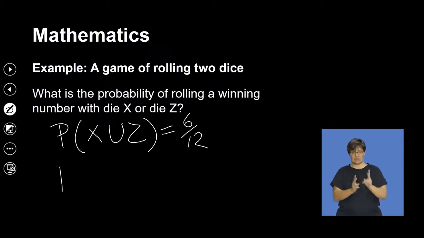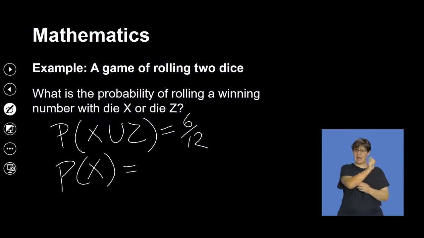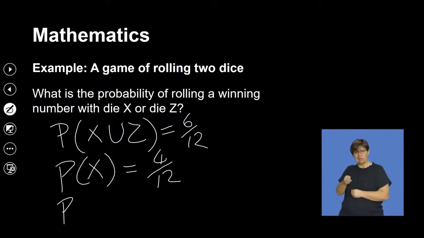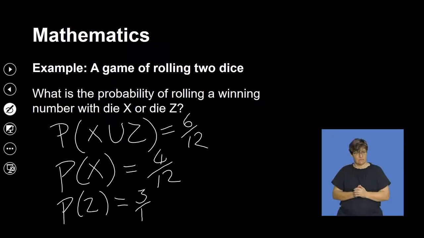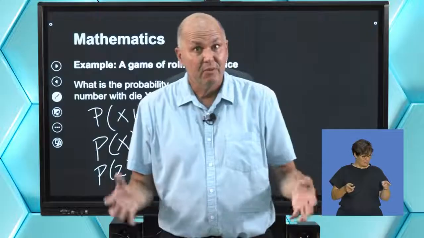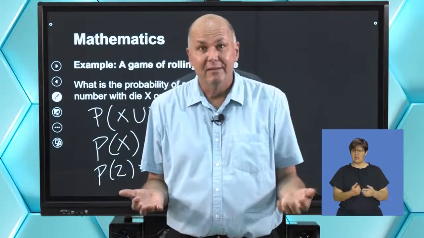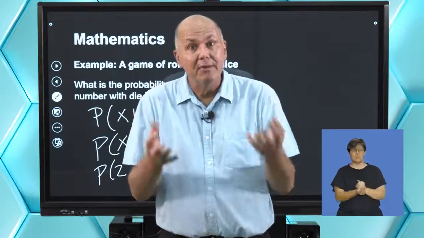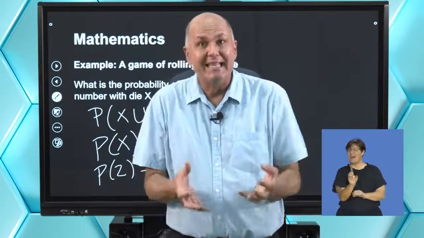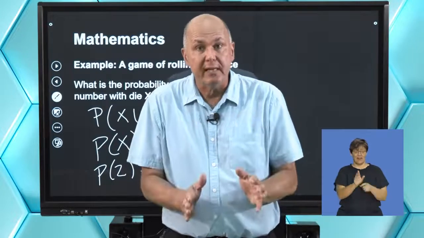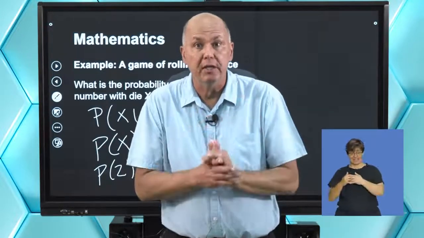But do you remember we calculated earlier that the probability of X was 4 out of 12, and the probability of Z was only 3 out of 12. So guys, that kind of doesn't add up, does it? We've got a little bit of a problem here. And so remember, this is clearly indicating that these 2 sets are not mutually exclusive.